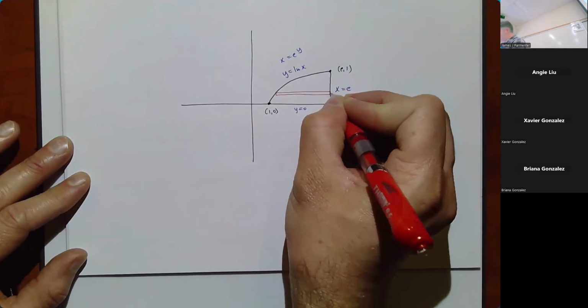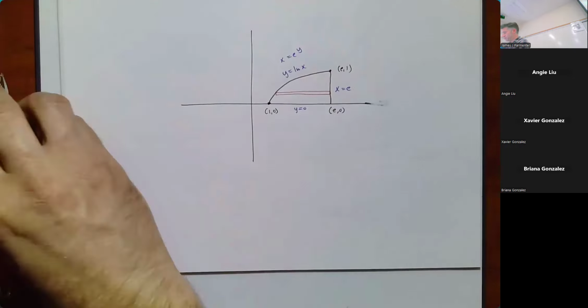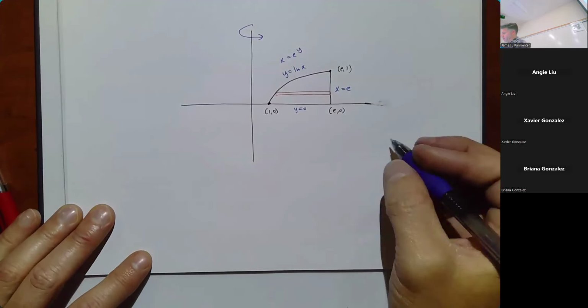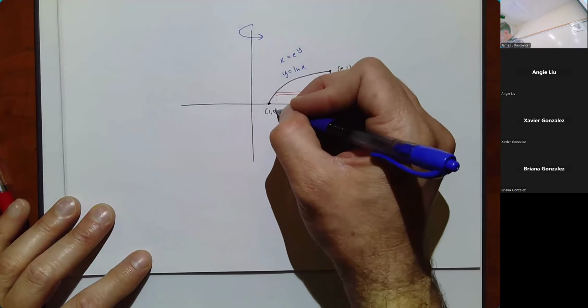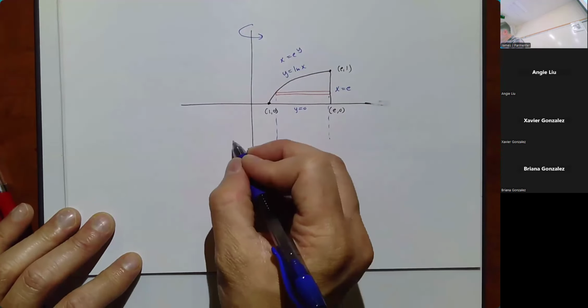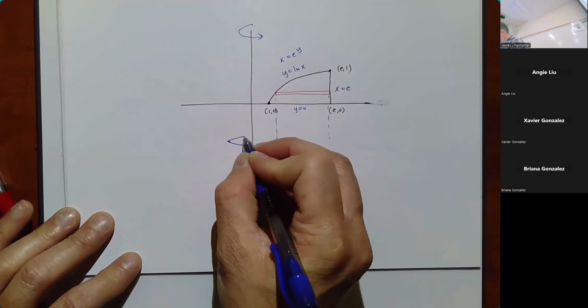Let's draw the picture for going around the y-axis first. Let me think about how I'm going to draw this. I'm imagining taking this strip and revolving it around the y-axis, and I'm getting a washer.